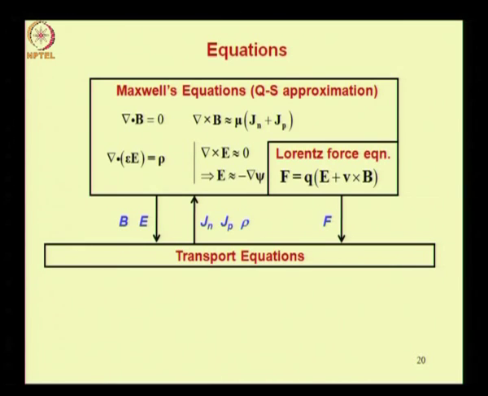Now from the electromagnetic fields course, you know that if the curl of a vector is 0, the vector can be written as the gradient of a scalar. In this case the electric field is negative gradient of the potential psi.